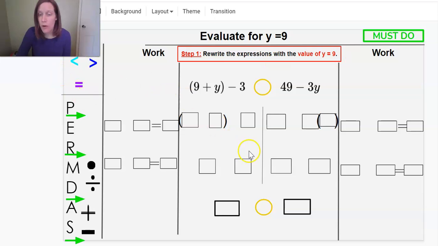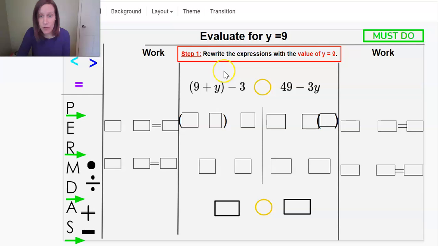To do this, we are going to finish one entire side of our inequality first. So this circle right here is where we're putting our greater than or less than sign. In order to figure out what that is, we have to complete one side and then the other side. So I'm going to start right here, and I'm going to work this expression out just like we did last week.